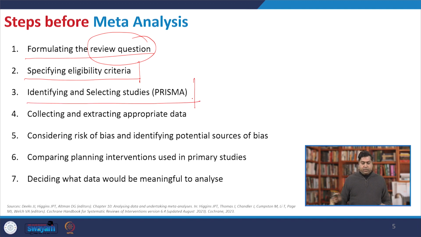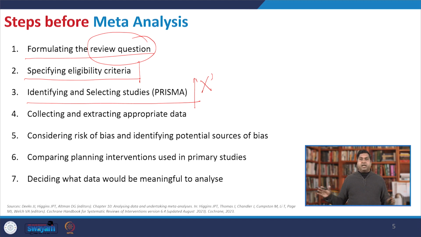Then we talked about this PRISMA in detail, where we have sources from different documents, different published articles, and finally we come up with certain numbers, say x number of papers which are most relevant, and in-depth understanding is required out of these papers.